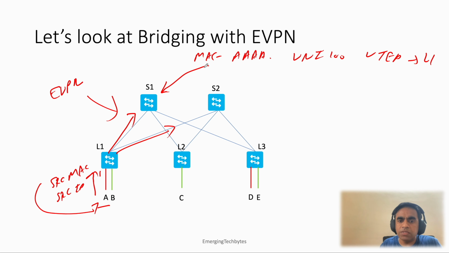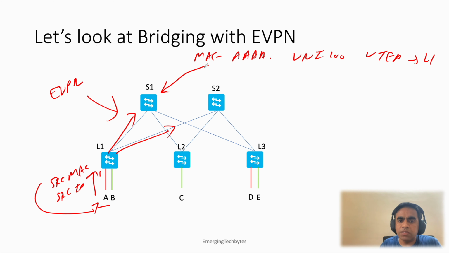But here the destination is FFFF and the source is MAC A. When D responds, it actually reverses that. It says, okay, I need to respond to A that this is my MAC address.